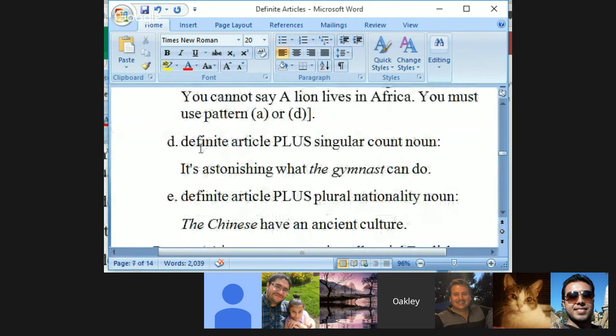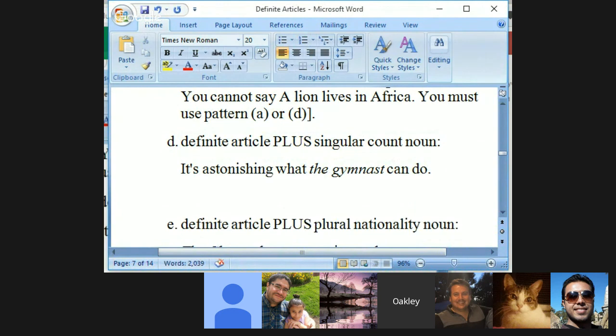Okay, another option. Definite article plus singular countable noun. All right, I hate this one because it's damn confusing, frankly. It's only used in very, very formal writing.